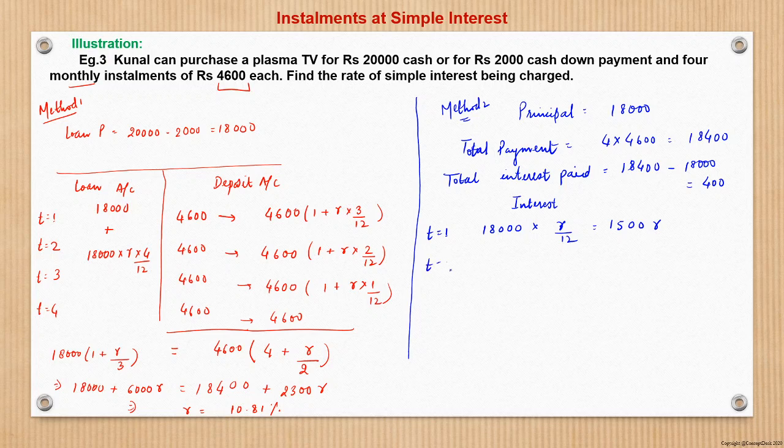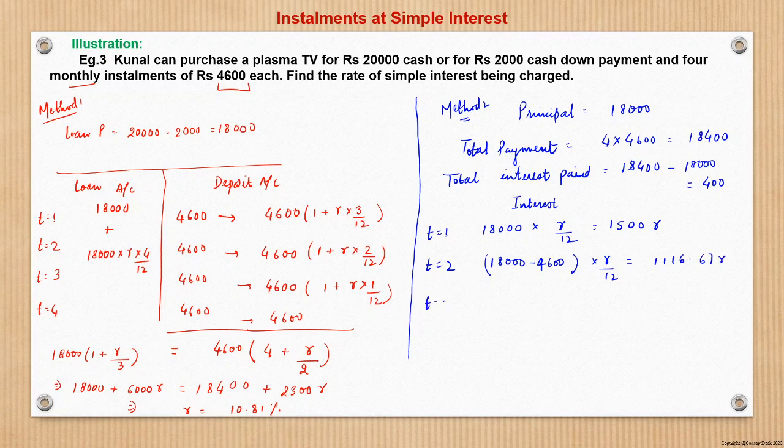Then interest during second period will be what? 18,000 minus 4,600, which 4,600 has been paid as installment, into r by 12. So this becomes, on calculation, 1116.67 r.